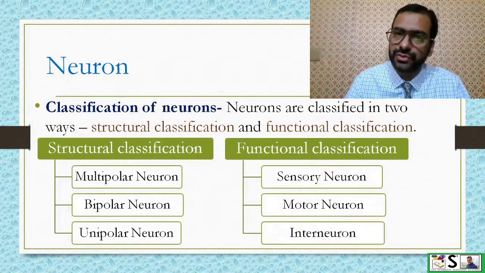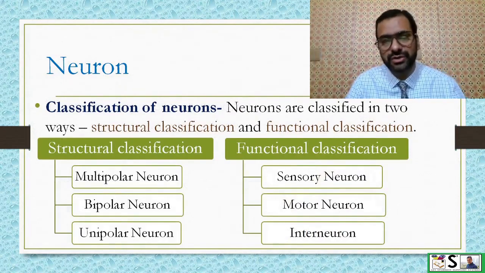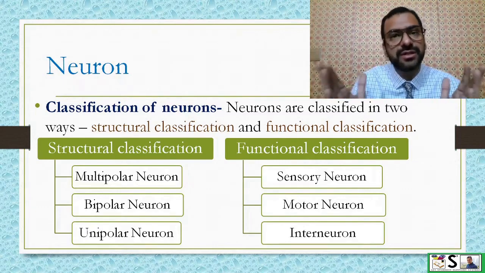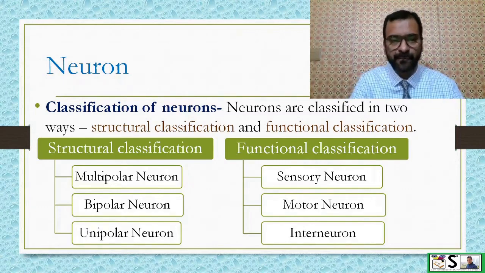Now, classification of neurons. Neurons are of different types and there are two types of classification: structural classification and functional classification.